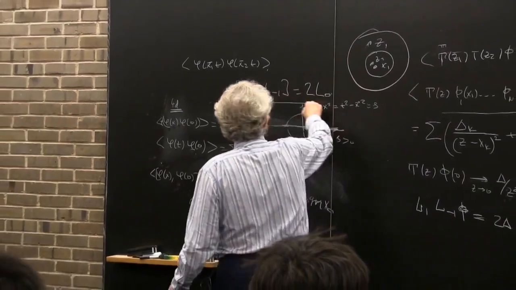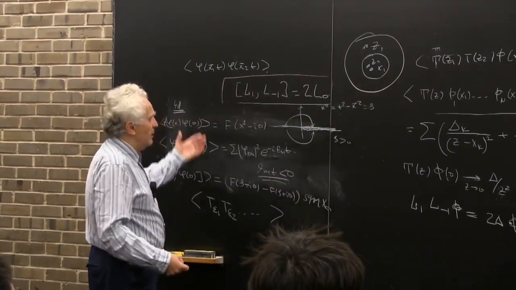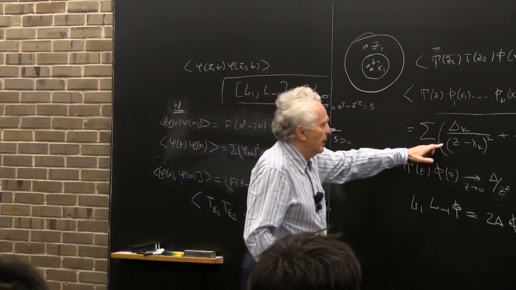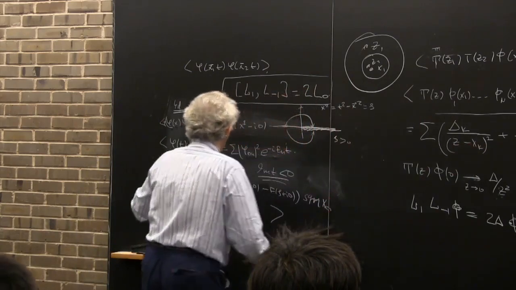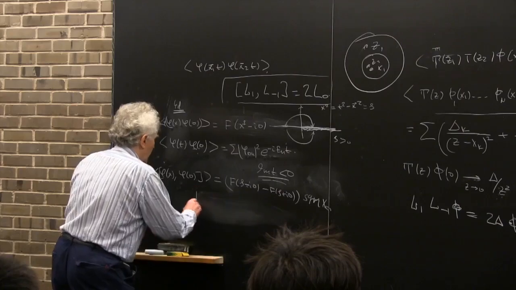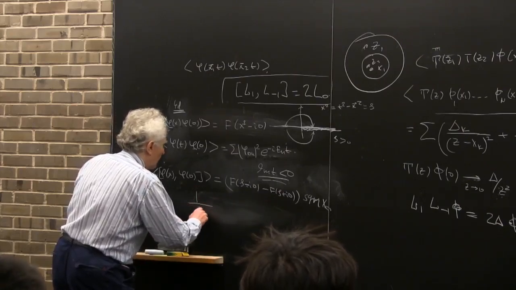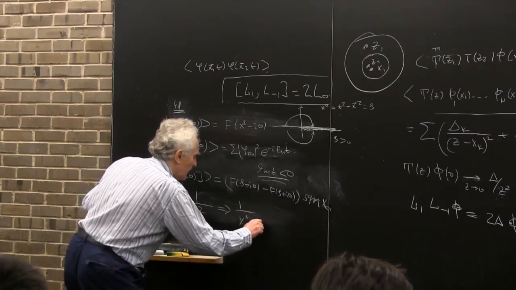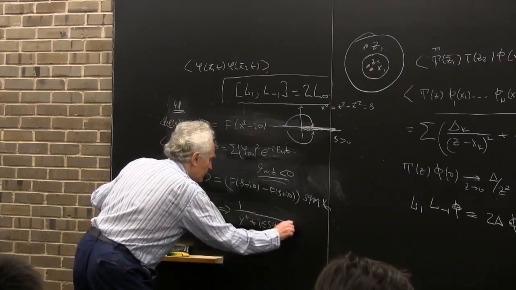If you calculate this in the Minkowskian way, it's perfectly possible to do. The only thing you have to change as you go to Minkowski is this: instead of 1 over z, you substitute 1 over x plus I epsilon sine x minus.